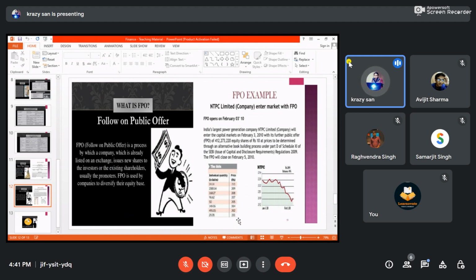Till here, any confusion, any question, ma'am, to ask? Whose value should be higher in case of IPO and FPO? See, IPO is the initial way of doing it, and FPO means you are again following the IPO's process. Ma'am, in the case of Paytm, their IPO is higher but FPO is lower.